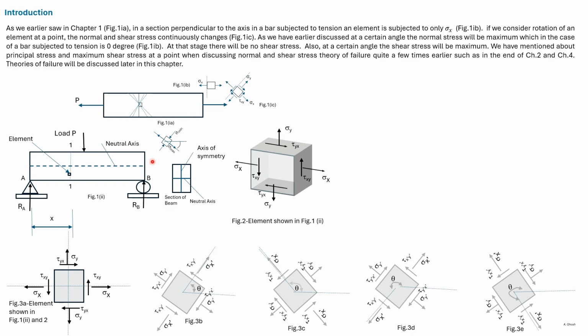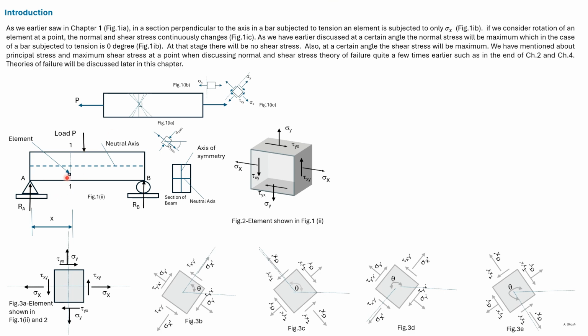Now consider another case. This is a beam subjected to a load P with reactions at A and B. Let us consider a section 1-1. Then it is subjected to a moment RA x and a shear force RA.